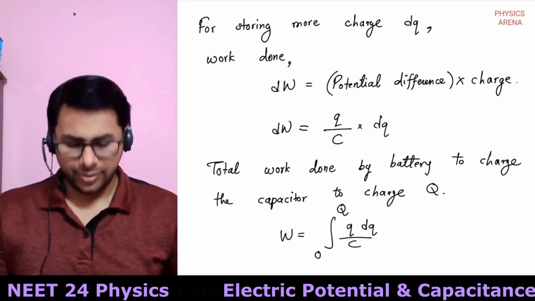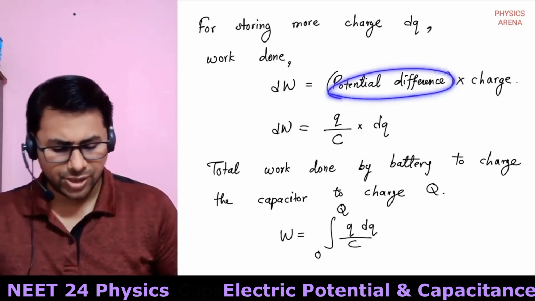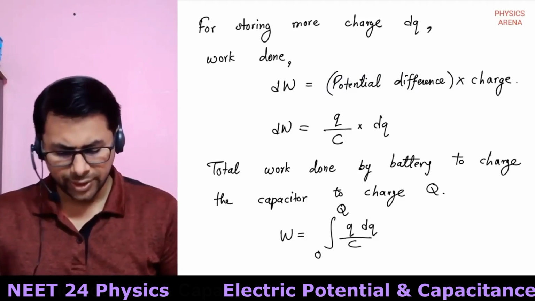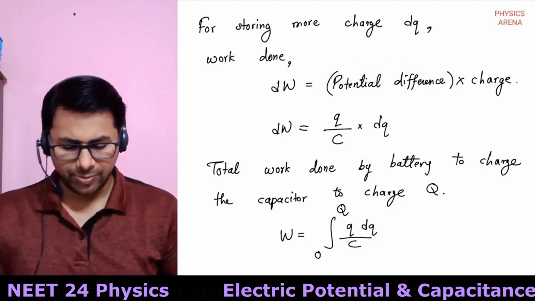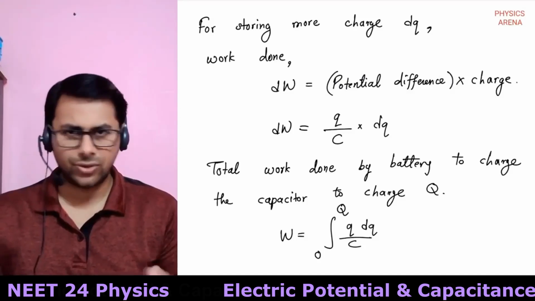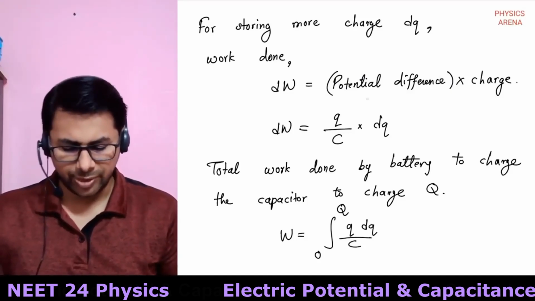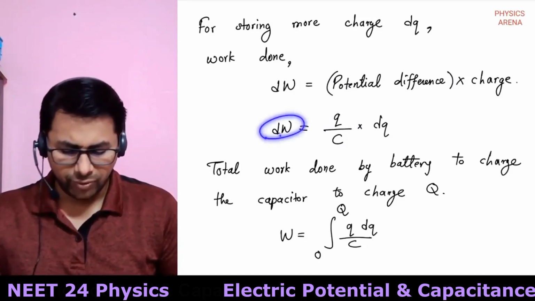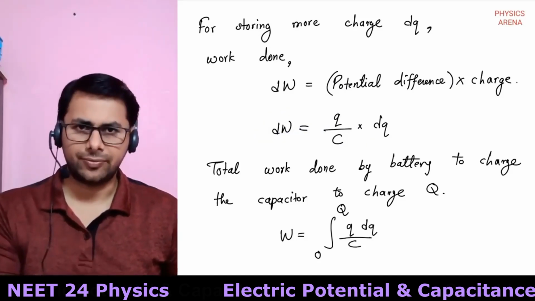How much is the work done? Work done is the potential difference multiplied by the charge that you are storing. What is the potential difference? We know C is equal to Q upon V, so the potential difference is Q upon C. This is the small work done to store charge dq.